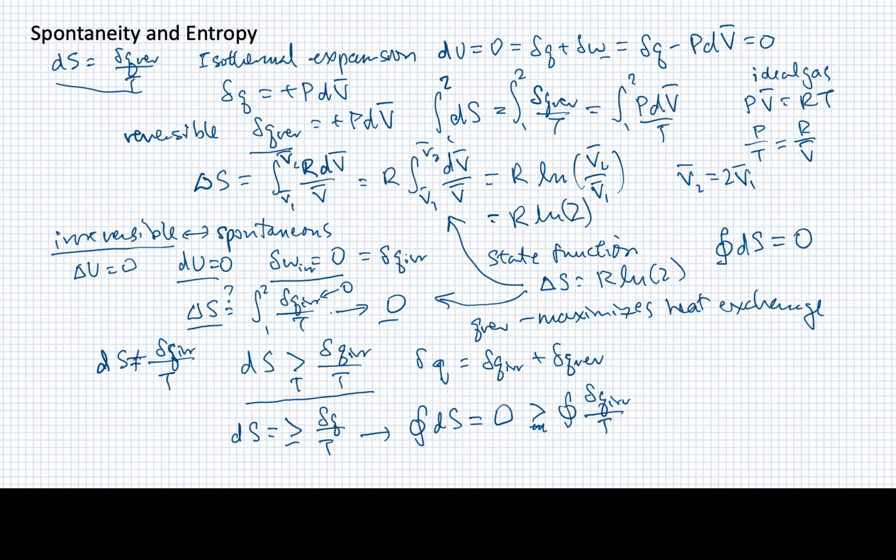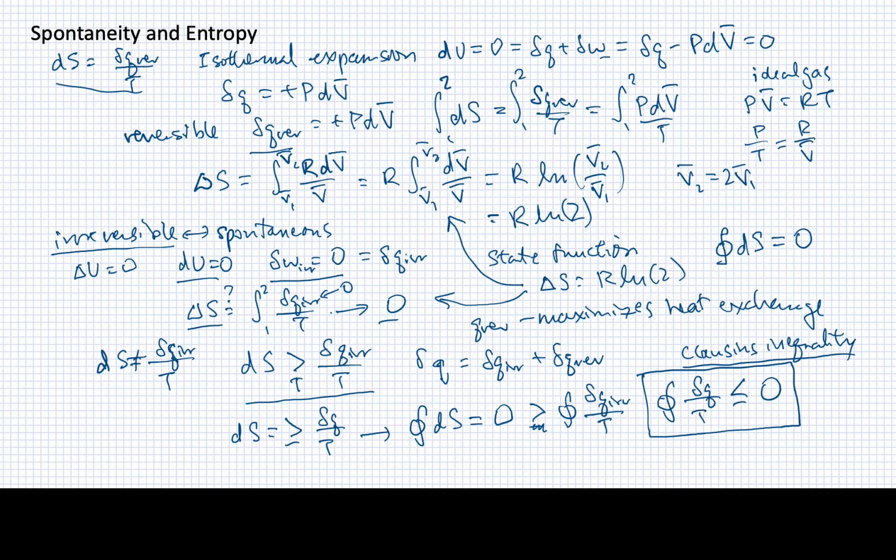So I have, in effect, that for any heat change, an integration over a cyclic path is going to give me less than or equal to 0. This is a famous result called the Clausius inequality, and it tells us something important about systems.